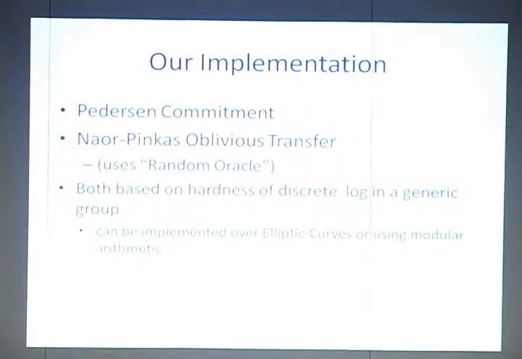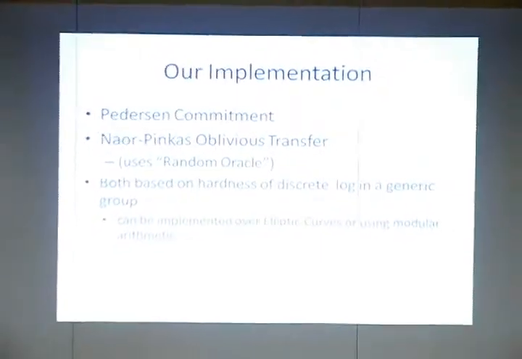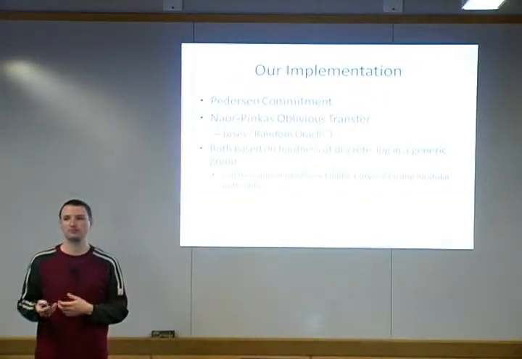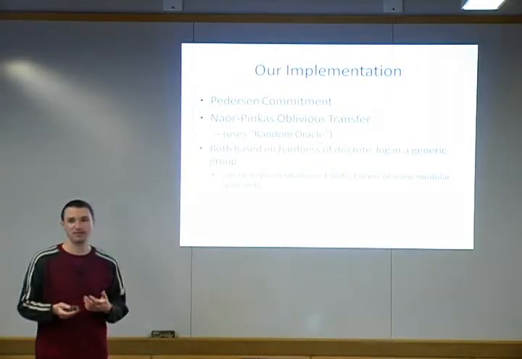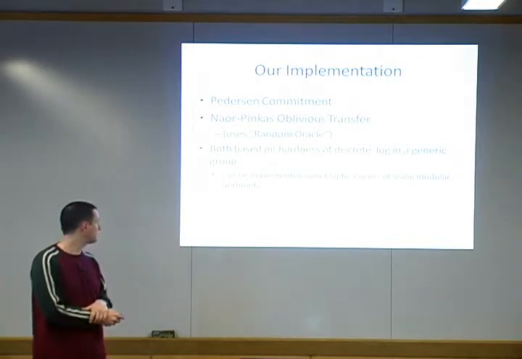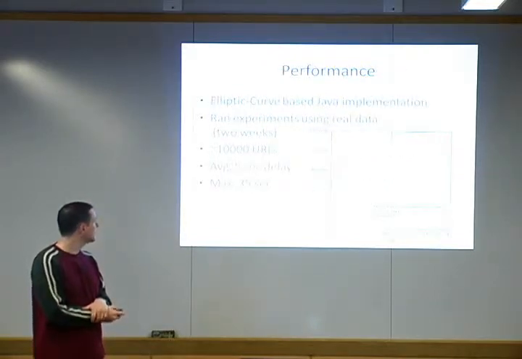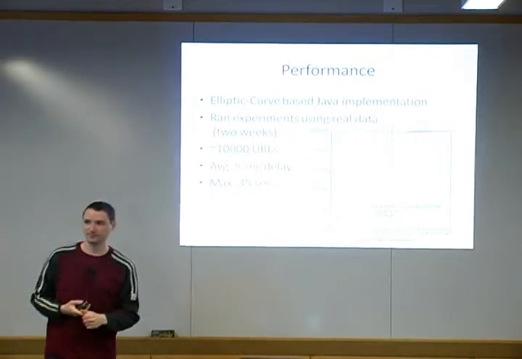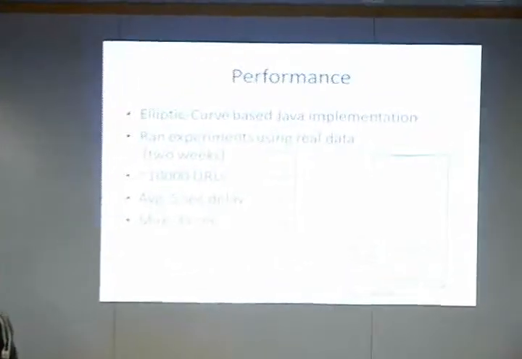And we have a few different implementations of the instantiations of these groups. So they work over elliptic curve groups and over modular arithmetic. And we implemented both cases. And we also tested the performance using the real data that Moore and Clayton received from these companies.